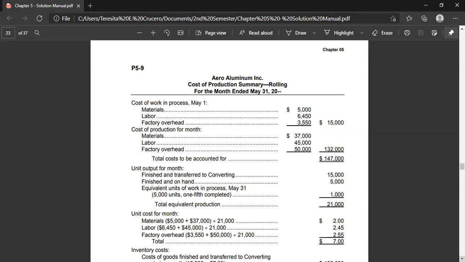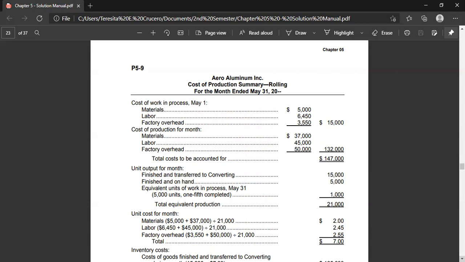Now, the unit output for the month, finished and transferred to converting, that's the next department, given is 15,000 units. Now, you will see in the column converting, received from prior department, 15,000. That's the number of units transferred to converting, then finished and on hand for 5,000 units.